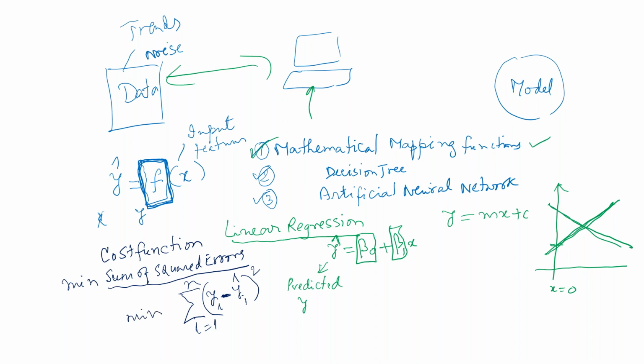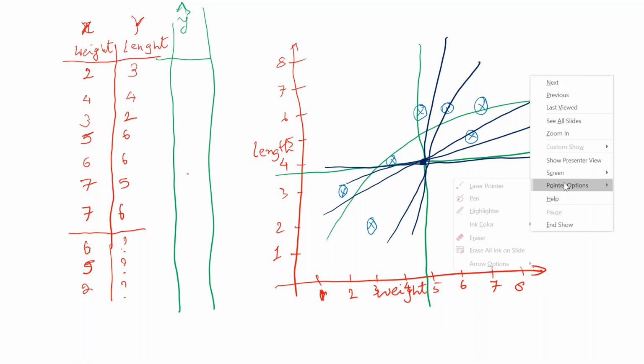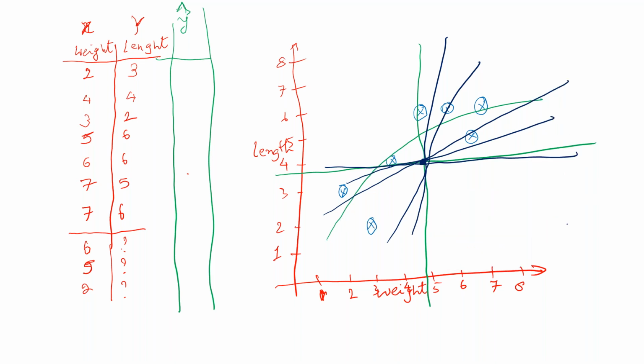Wherever that minimum is, it will stop there, and it will tell you that for your data, based on the model you wanted me to build using this algorithm, this is my solution. Let me choose another color, purple. This purple line is my model, which the computer has recommended.